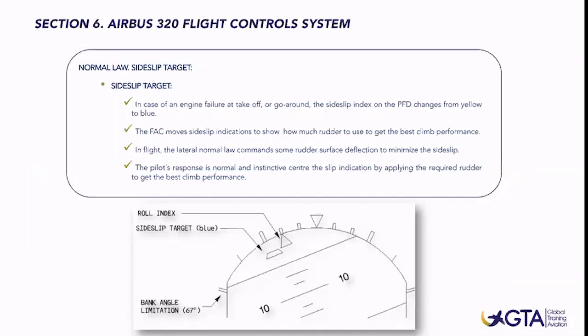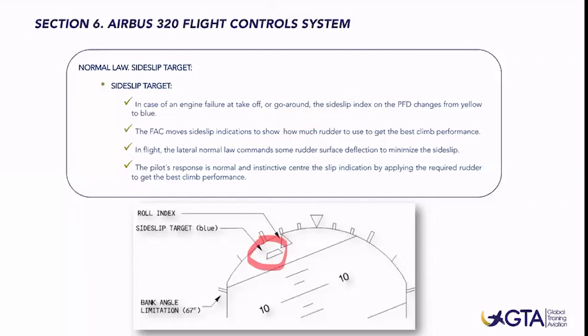Well, in this slide, we will talk about what the sideslip target is. In our PFD, our primary flight display, we have this trapezoidal index, which moves beneath the roll index. On the ground, it represents the lateral acceleration of the aircraft, but in flight this sideslip target, which is usually yellow, will change to blue, cyan color.